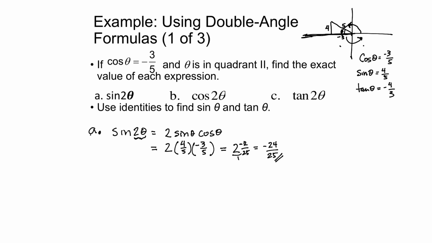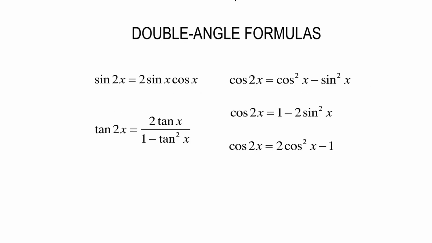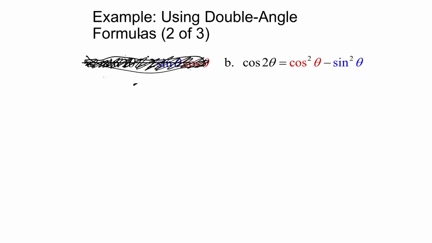All right, let's do the next one, cosine of 2 theta. Going back, we can see the cosine 2 theta, this is one of the first ones they give us, but they actually give us 3 different ones. So we're going to do at least 1, maybe 2 of those. Let's start with the cosine squared minus sine squared.